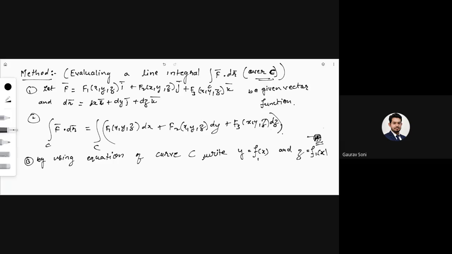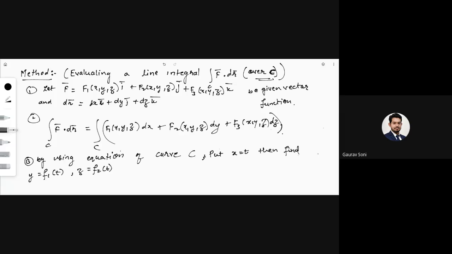Or, let's do something else and make it much easier for you. I'll put x equal to t. By using the equation of the curve, put x equal to t, then find y as a function of t, z as a function of t.